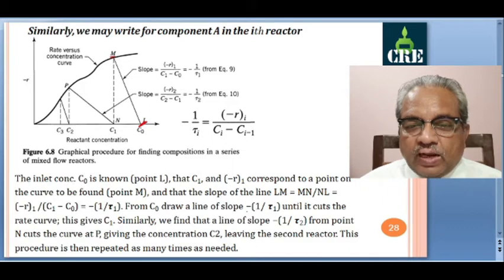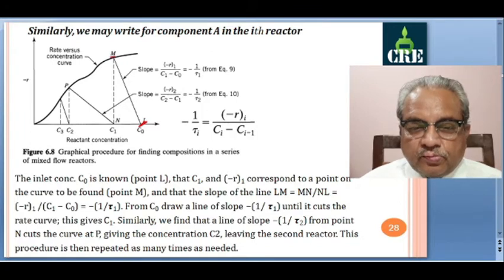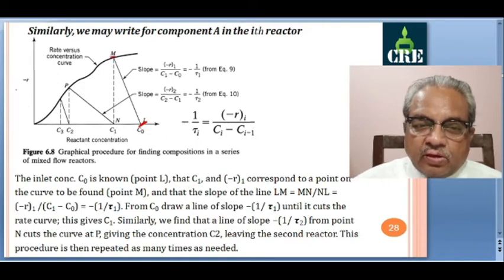So you draw a line of slope minus 1 upon tau 1 until it cuts this curve. When it cuts the curve, you get your point M, and from there you come down and get C1. Similarly, continue with minus 1 upon tau 2, you get your second point, and so on. This procedure you can repeat as many times until you reach the final value somewhere here.